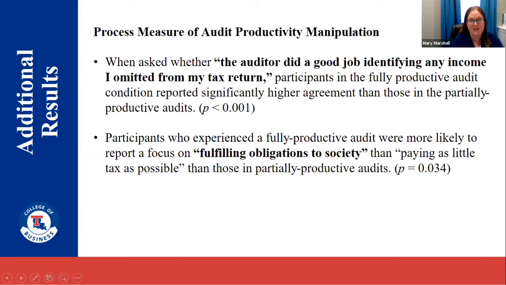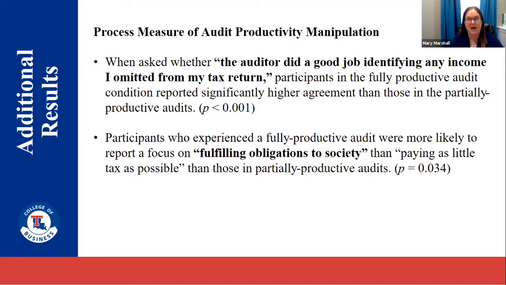The second one looked at what these messages could have done. And we find that taxpayers were more focused on fulfilling their obligation to society as opposed to paying as little tax as possible when they were in a fully productive audit condition. Now this suggests that when they were in a partially productive audit condition, it actually made them feel like the tax system may have been more of a game and they were just trying to game the system more.